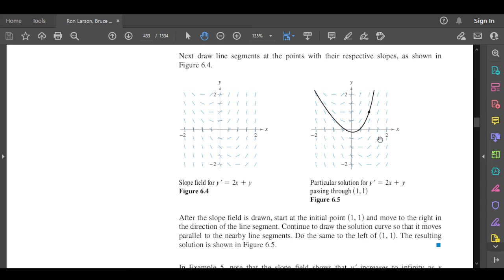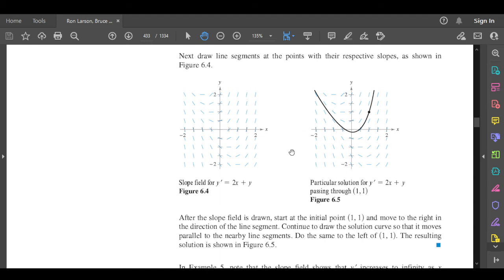Dili ta mag-draw ani nga mga slope field sa akin. Dako siya kay mga trabaho. Okay, also most of the exercises given in this PDF, you are not required to draw the slope field. Just you are required to identify the solution given the slope field. Pero dili jud ingon nga kamo jud maghimo ni slope field.